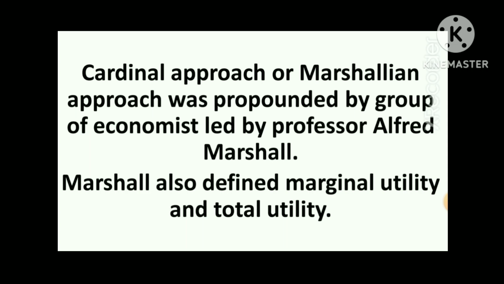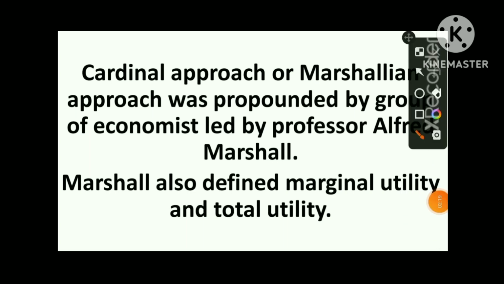So utility is the want satisfying power of a commodity, and utils can be measured in terms of cardinal numbers. Example: 1, 2, 3, 4, and so on up to n. And the standard unit for utility is utils.